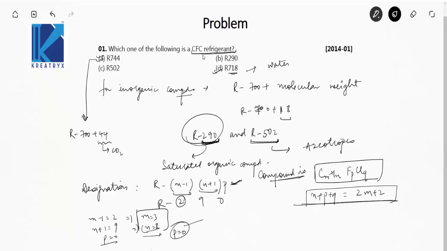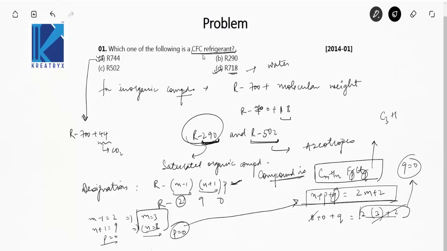Now put these three values in the equation, and we have to find Q. N is 8, P is 0, and 2M plus 2 is 8, so this gets cancelled out, and Q is also 0. So P is 0, Q is 0. The compound becomes C3H8. No chlorine or fluorine is present. That implies this is also not a CFC refrigerant.